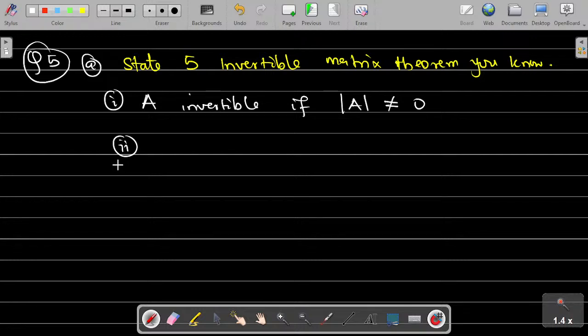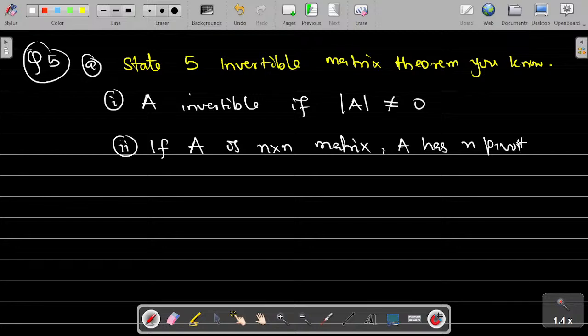The next one is that if A is an n by n matrix, that means a square matrix of n dimension, then we say that A has n pivots, n pivot positions.